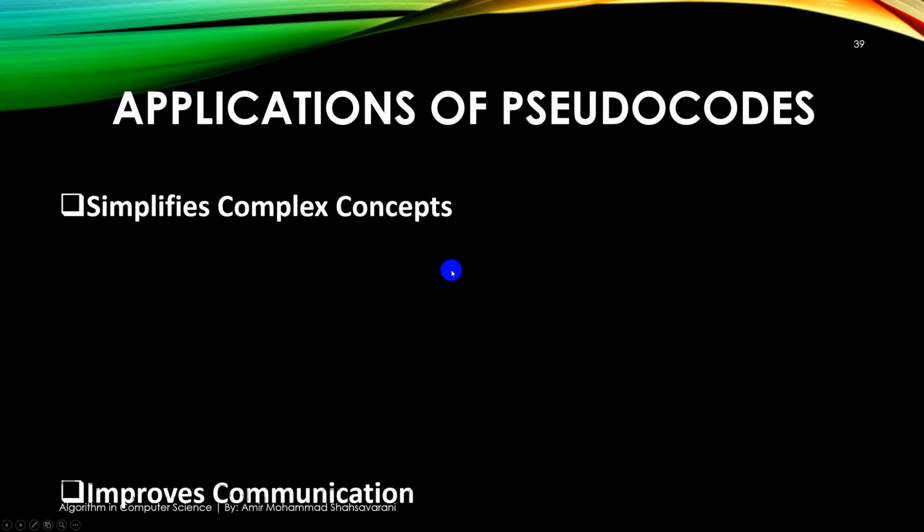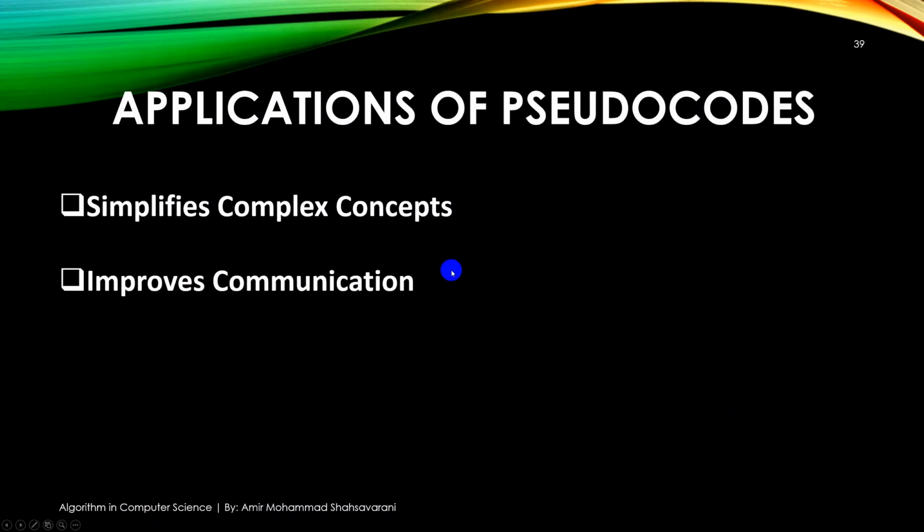Second, improving communication. Pseudocodes can be used to communicate ideas and concepts between developers, team members, or even with non-technical stakeholders. For example, you do have some project manager, an investor maybe.